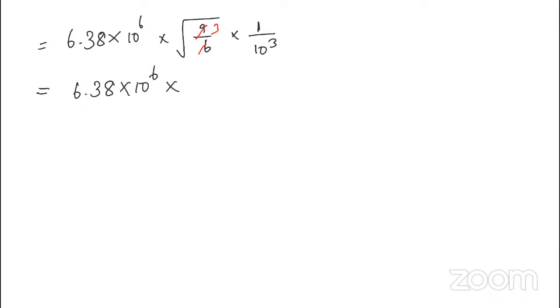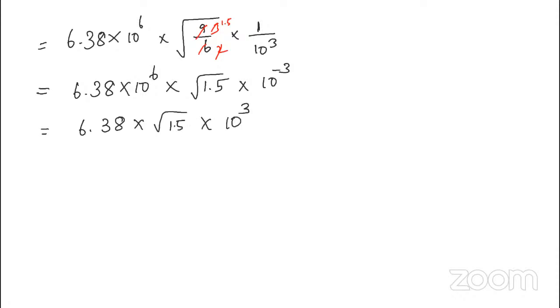So it is 3, it is 2, again it is 1.5. So square root of 1.5 into 10 power of minus 3. For the next step, it is 6.38 into square root of 1.5 into 10 power of 3. Here 6 and here minus 3, 6 minus 3 is 3, a positive value.